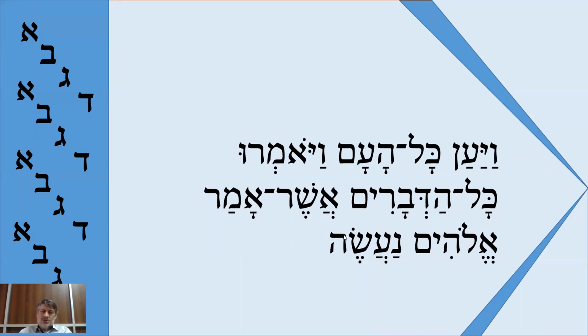So do you remember where it is taken from? In the book of Exodus, when the law was being given. Yes, it's chapter 24, when people said that we will be obedient to the covenant. So, and all the people answered and said, all the words that God spoke, we will do, we will do.